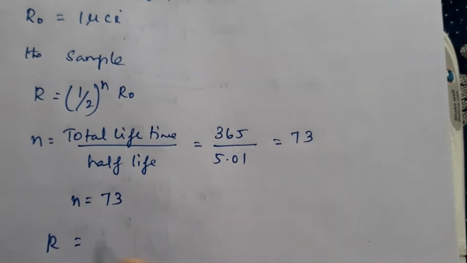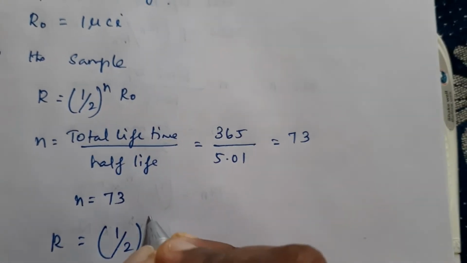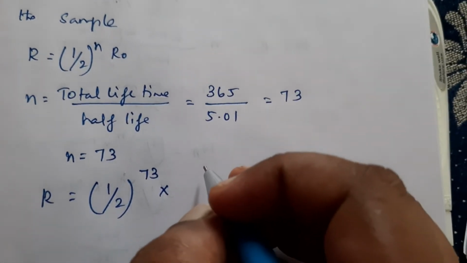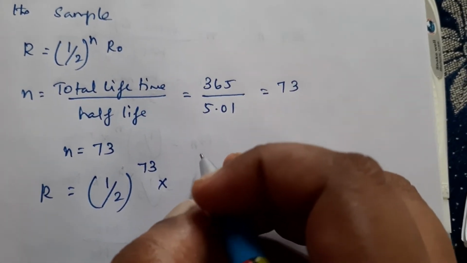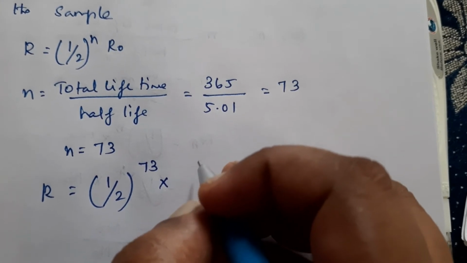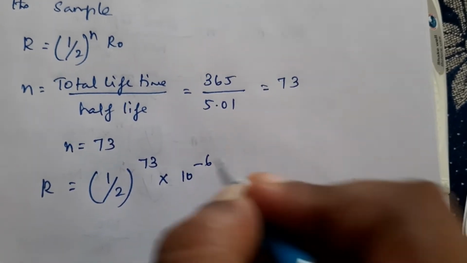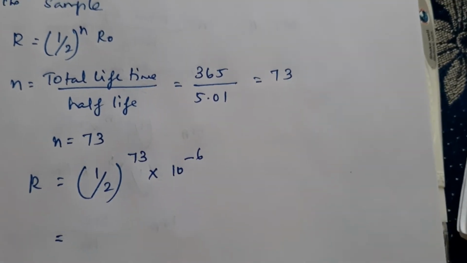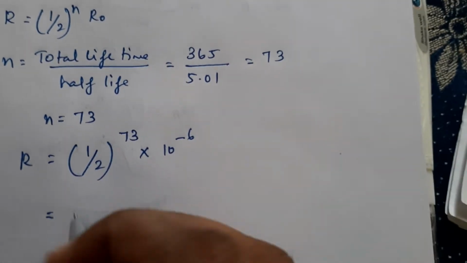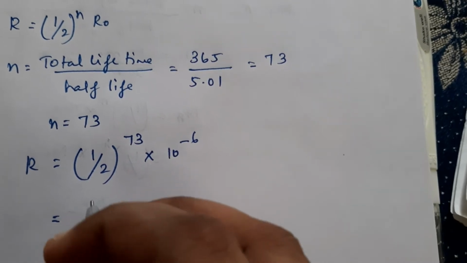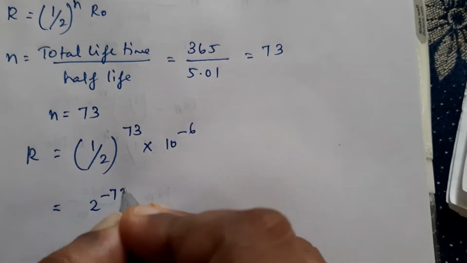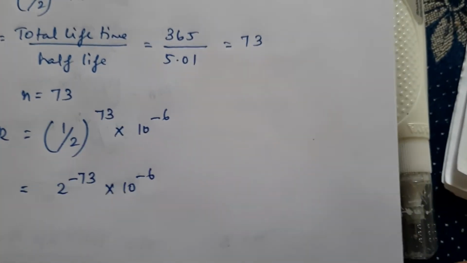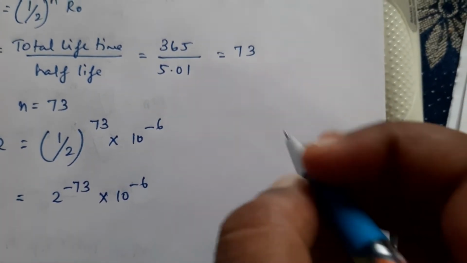So R is equal to (1/2)^73 into R0, whose value is 1 microcurie, that is 10 raised to minus 6. I'll write (1/2)^73 as 2 raised to minus 73, into 10 raised to minus 6. So how to find the value of 2 raised to minus 73? Then we have to go for the log value.